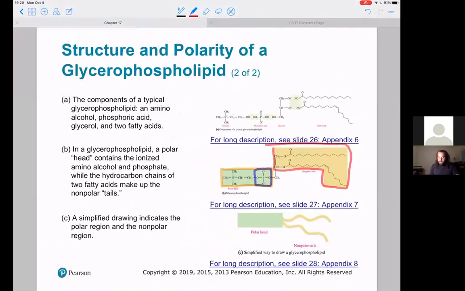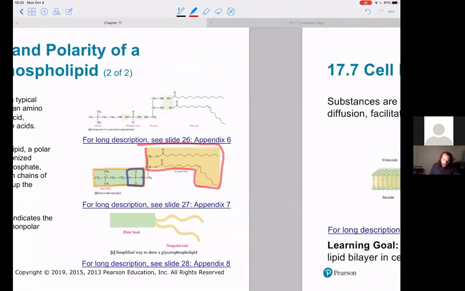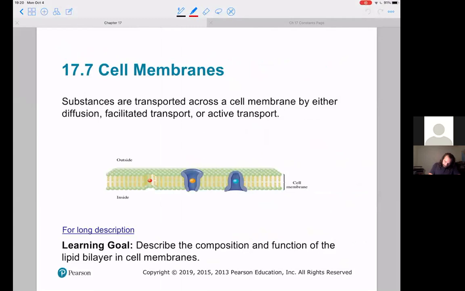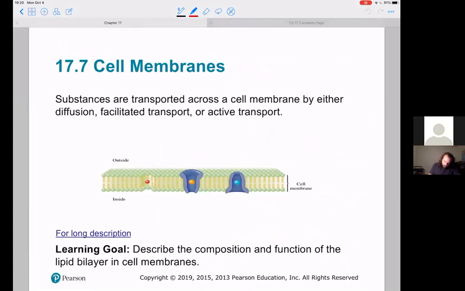The other reason is that the place where we see these things the most is actually in membranes. So cell membranes are made up of these glycerophospholipids, and they look a little something like this. Okay, let's just zoom in.